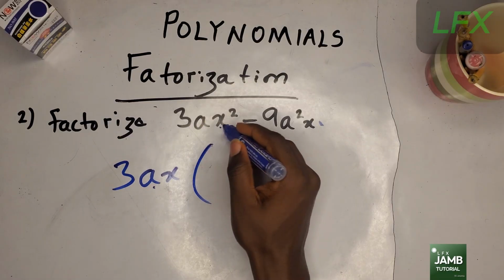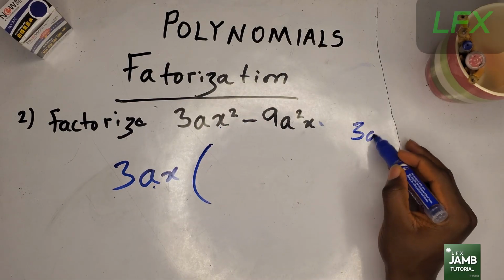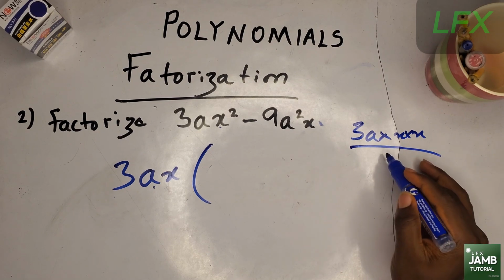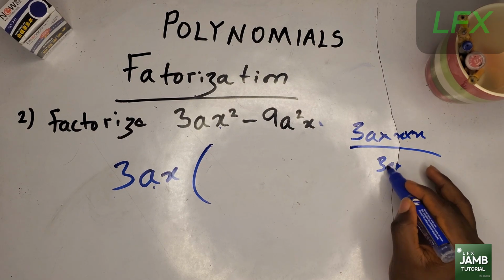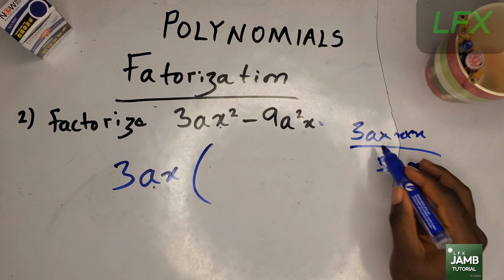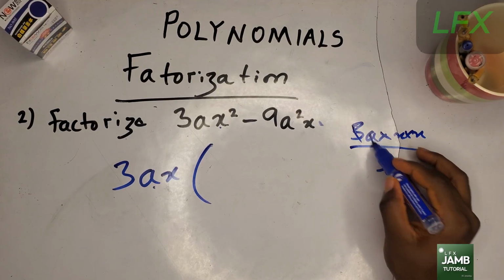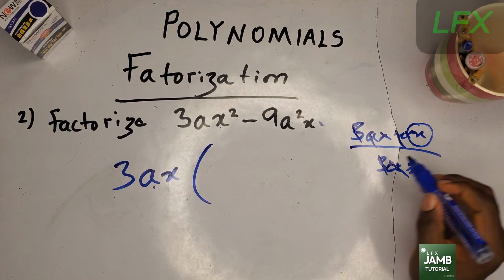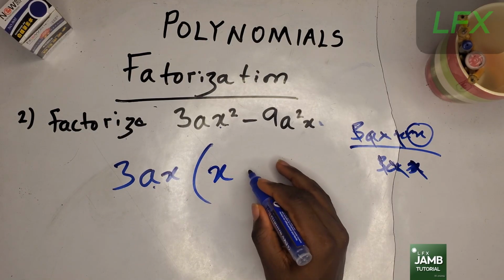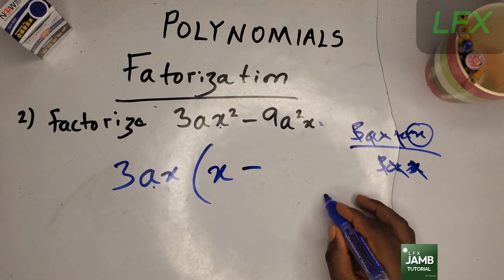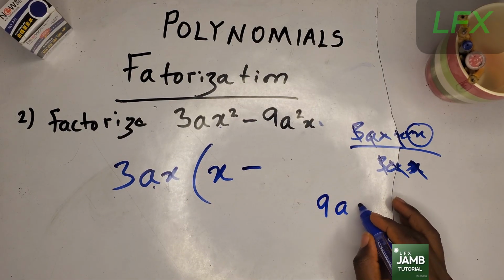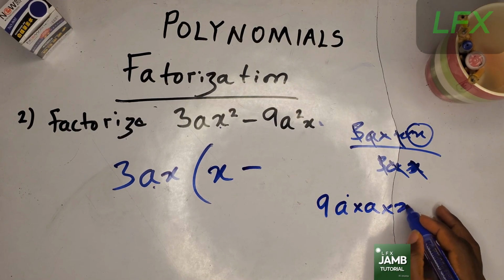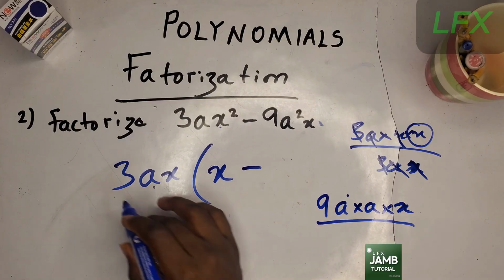3ax squared, that is x times x, divided by 3ax. What happened? 3 cancels 3, a cancels a, and x cancels one x. We're left with only one x now. So we have x here, minus, the sign remains, 9a squared, that is a times a times x, over what? 3ax.